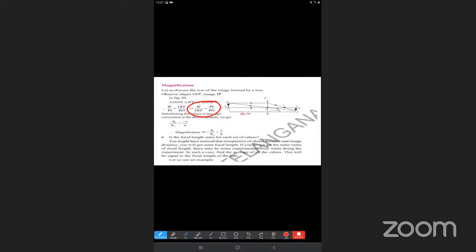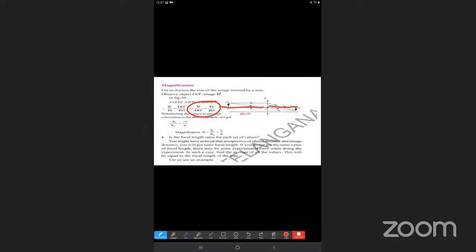I dash is the image height, that is HI, and O dash is the height of the object, and PI is the image distance, and PO is the object distance.